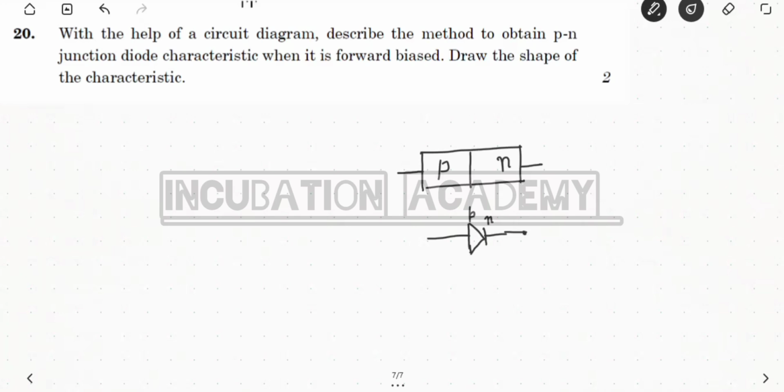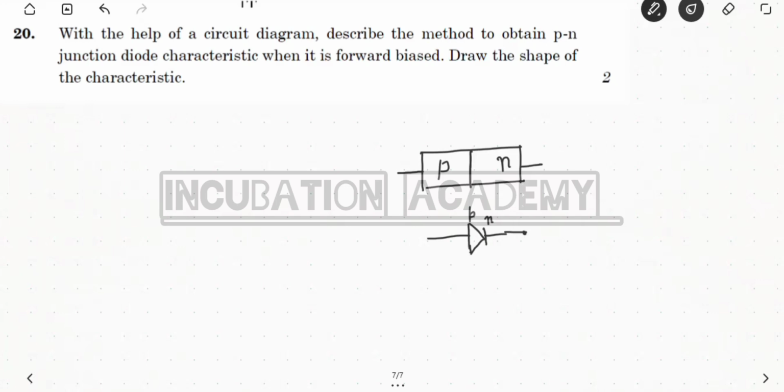This line is the depletion region, which is devoid of carriers, because in p the hole concentration is very high and in n the electron concentration is very high.